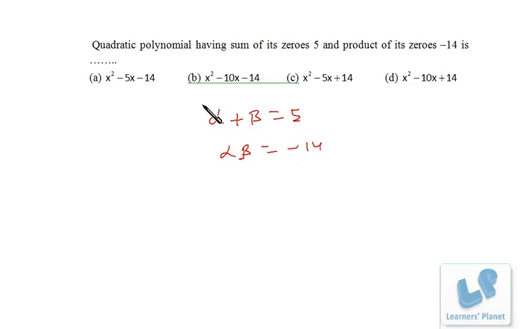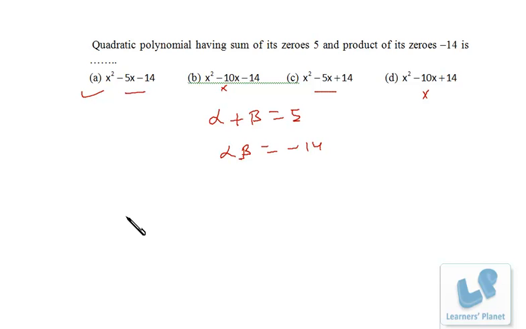Now sum of the roots is 5, that's there in this option and this option, right? So these two are wrong. Now product should be minus 14, that means the constant term should be minus 14, so that's there only in this option, so even this is incorrect. This is correct, right? And if you are asked the question in subjective questions, then you have to solve it, right?